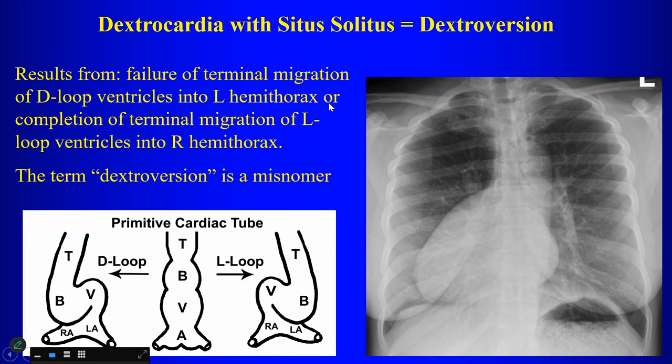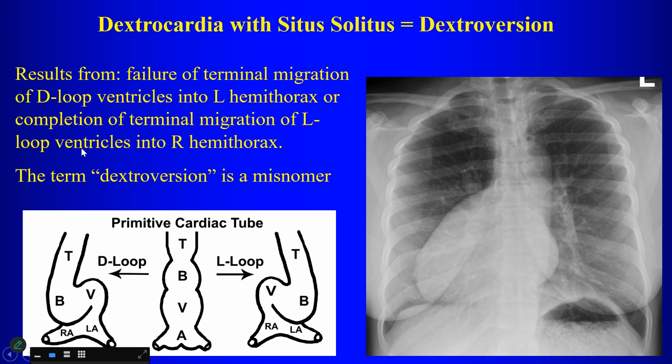Well, failure of terminal migration of D-loop ventricles into the left hemithorax. So if we have situs solitis, D-loop ventricles, remember we said that in embryology, this should migrate to the left hemithorax. If it doesn't migrate, we get dextrocardia. Okay?